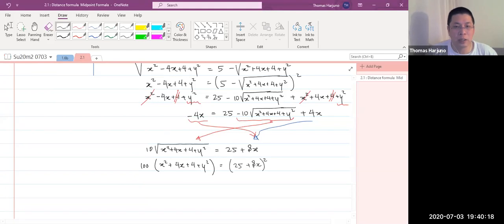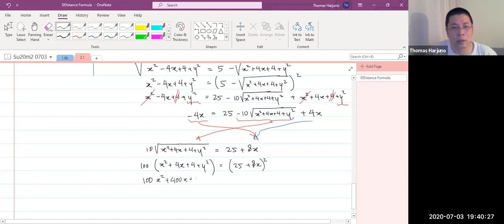The purpose is that when we square it, it gets easier. This is 100x squared plus 400x plus 400 plus 100y squared equals 625 plus 400x plus 64x squared.